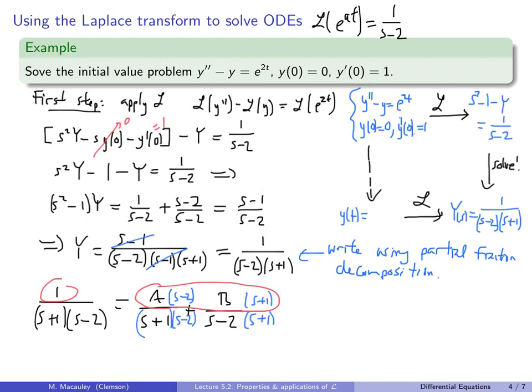In other words, we have to set 1 equal to A times (s minus 2) plus B times (s plus 1). So how do we do that? Well, this is actually probably going to be easier for you the second time.